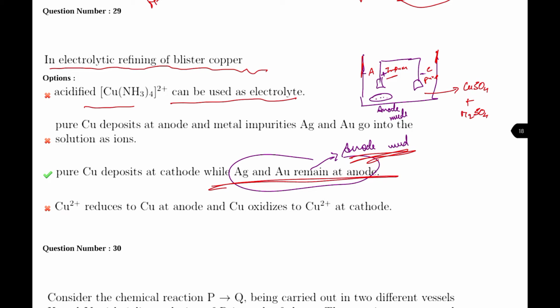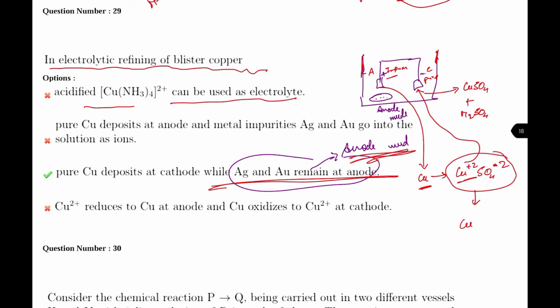Now the whole role is that solid Cu becomes Cu2+ in solution, which then goes and deposits on the pure strip. Now the electrolyte in this process is copper sulfate, which in turn becomes copper, right?